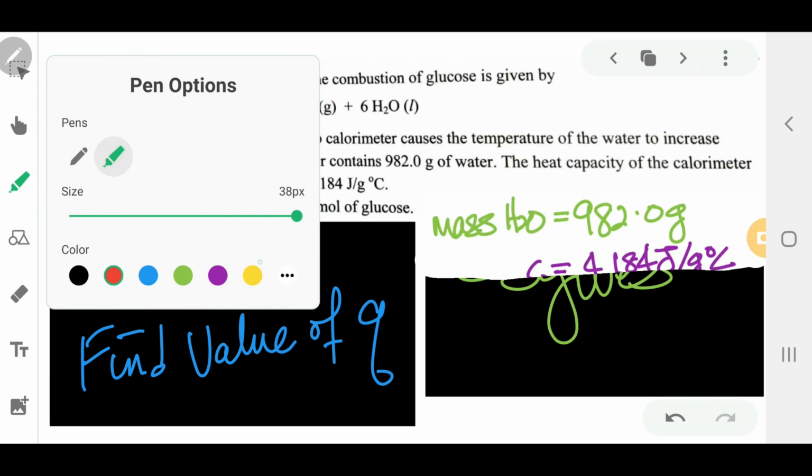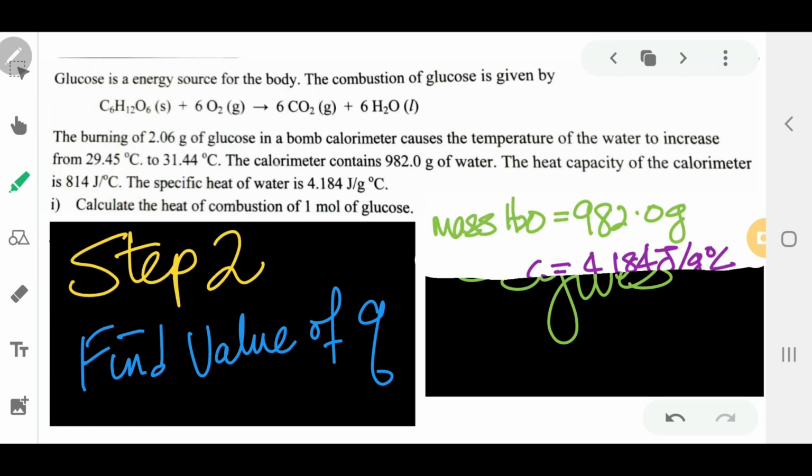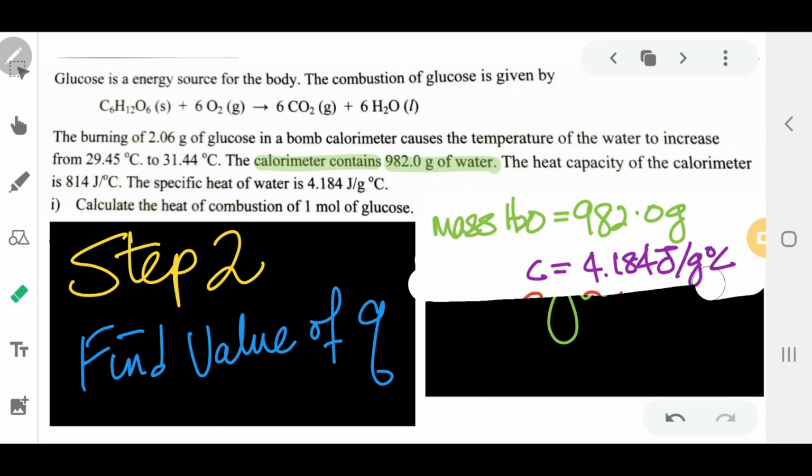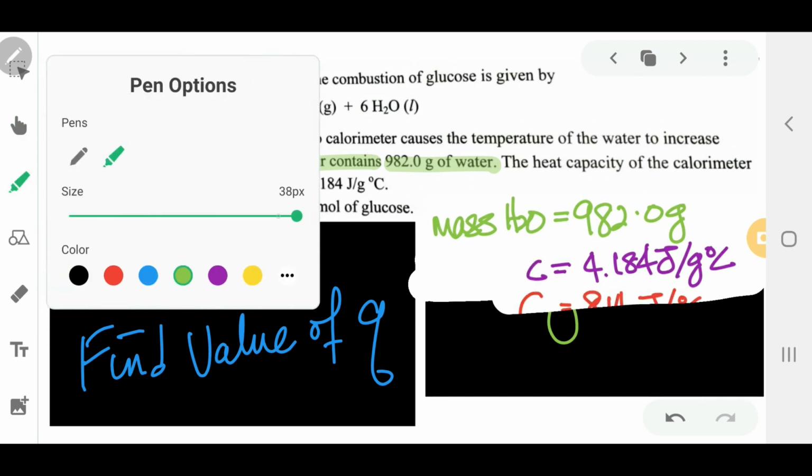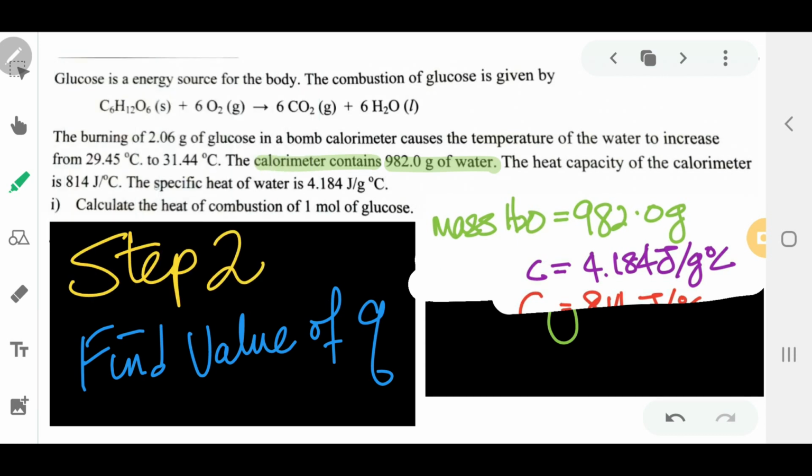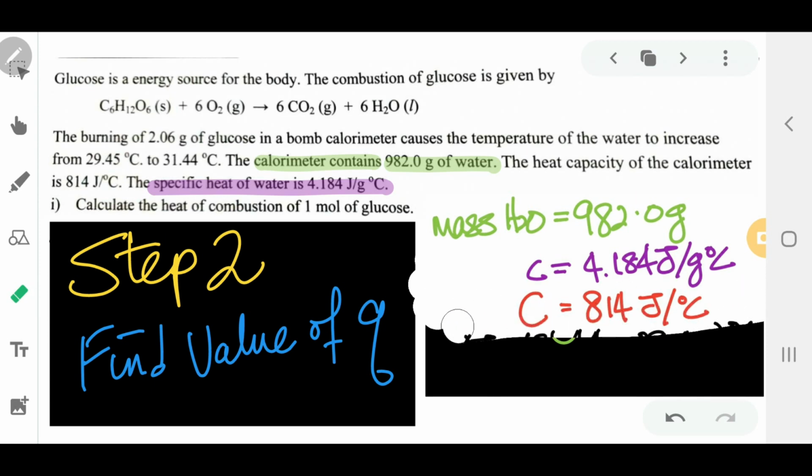The calorimeter contains 982 grams of water, so that is the information given. And you have the specific heat capacity equals 4.184. Specific heat capacity is given to you as well. And you also have the heat capacity of the calorimeter.